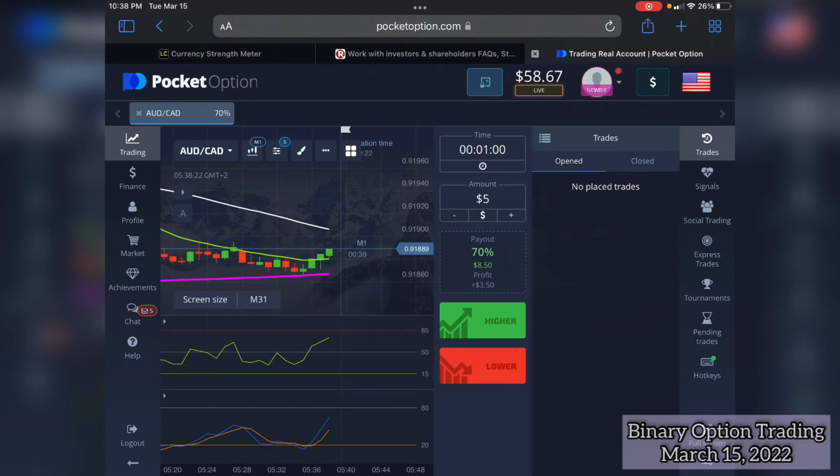So we won $3.50. We still trading 10% of what we have in our account. So we're going to wait to see what this next candle does.